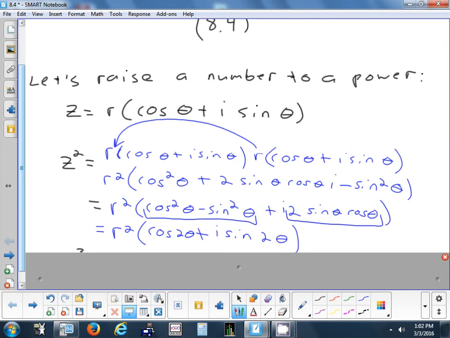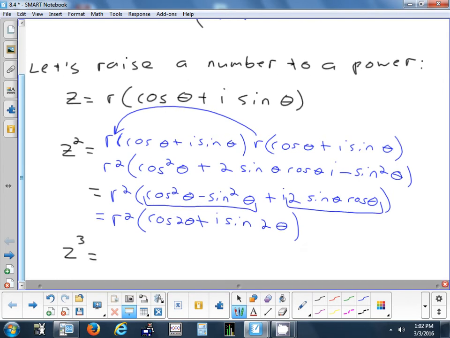And that's what we get when we square r cosine theta plus i sine theta. What do you notice? What happened to my radius when I squared z? My radius got squared. And what about my angle? It doubled. Right? Let's see if we can extend that pattern to z cubed. And then if we can get it for that, we'll assume it works in general.